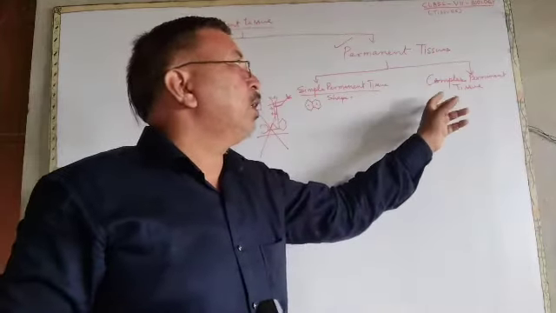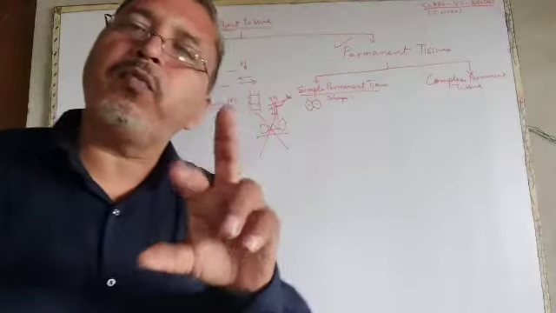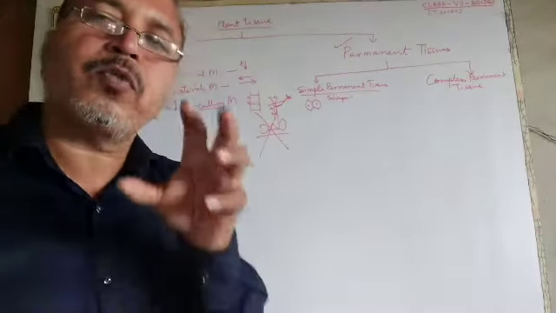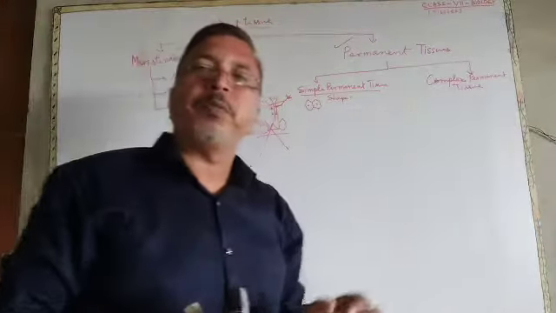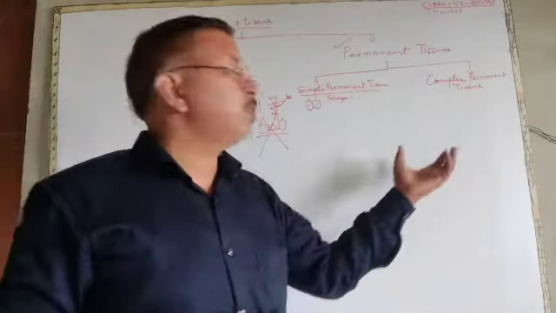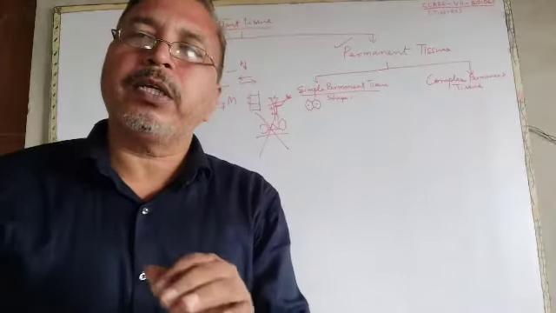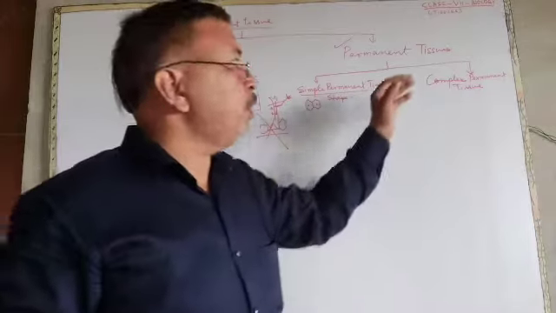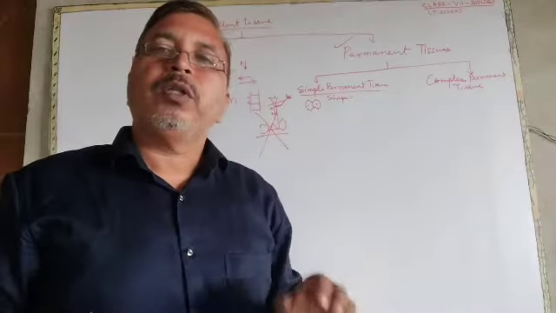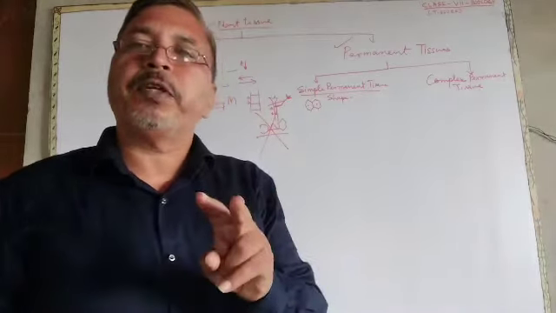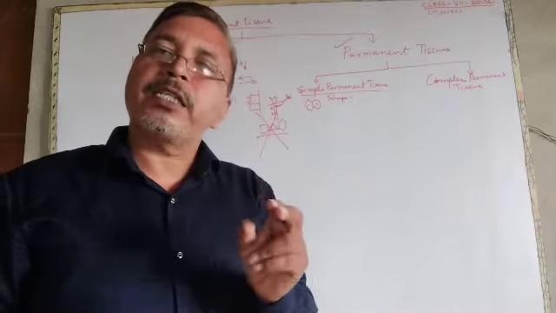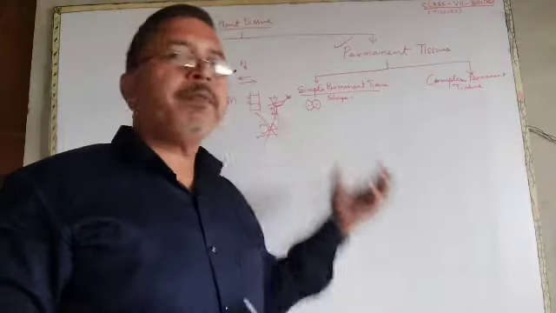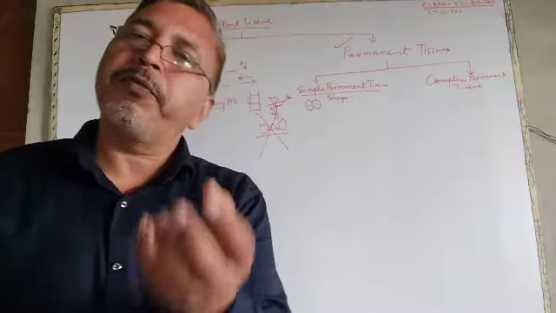So more than one kind of cell, two or three kinds of cells together, make this complex permanent tissue. At the basic level you can understand that complex permanent tissue is made up of two different kinds, living and dead cells together, and the simple permanent tissue is made up of all living cells.